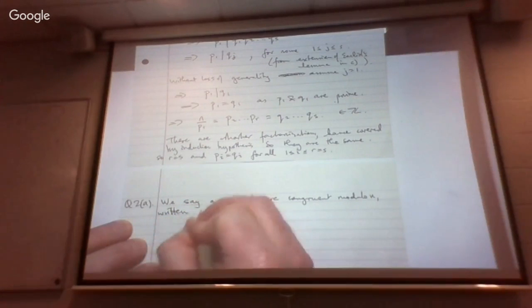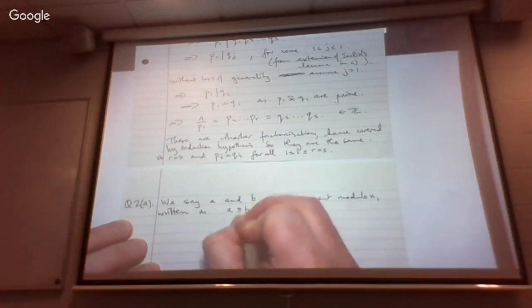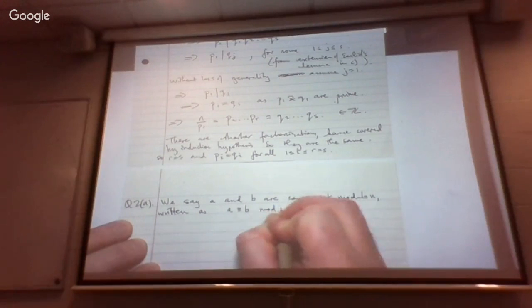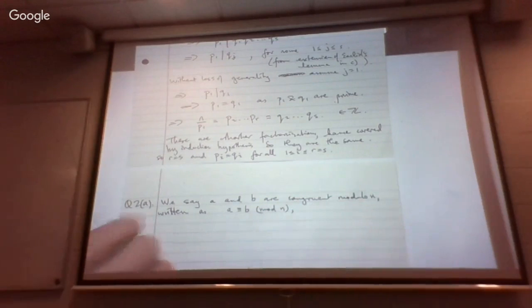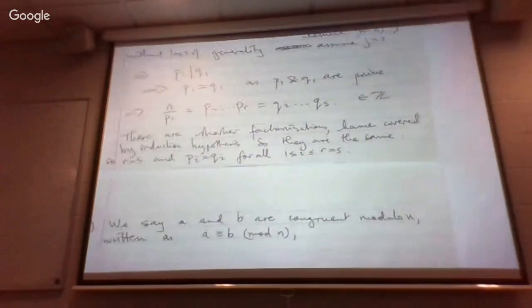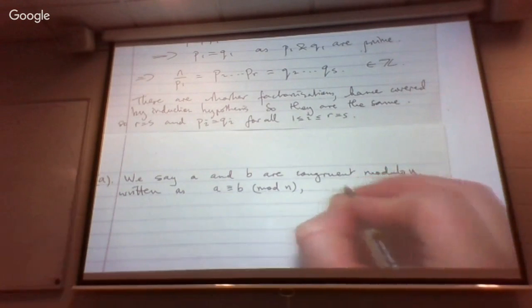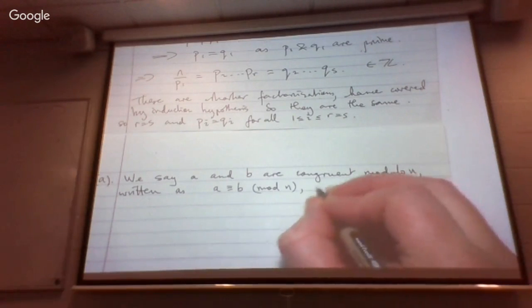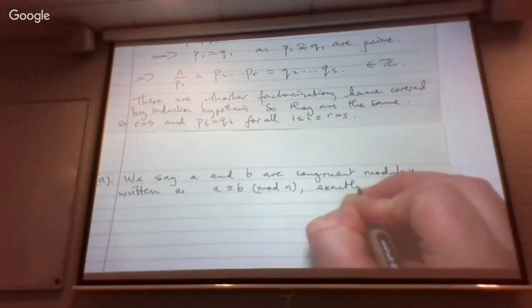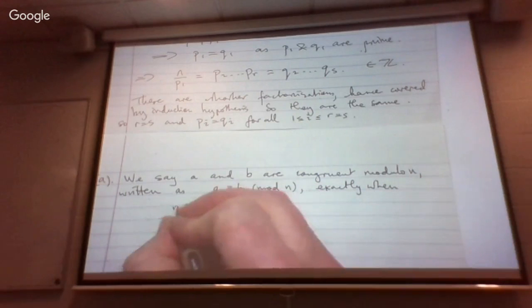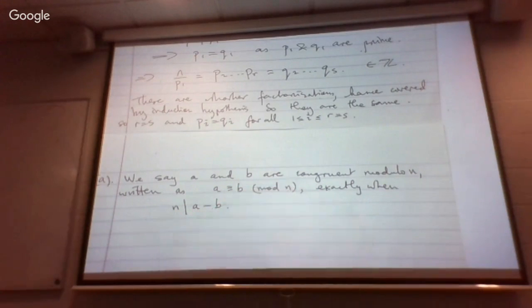This is written as a congruent to b modulo n. So when do we say that? That's the definition. What do we need to see in order to say that? We need to see that n divides the difference, exactly when n divides the difference a minus b. Okay, so that's the definition we supplied.